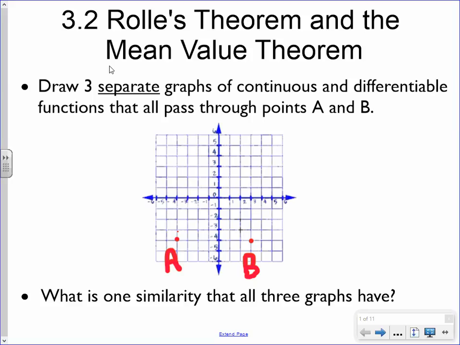Okay, now what I'd like you to do is look at everyone's graph at your table and talk about what is similar with everyone's graph. What is one similarity?